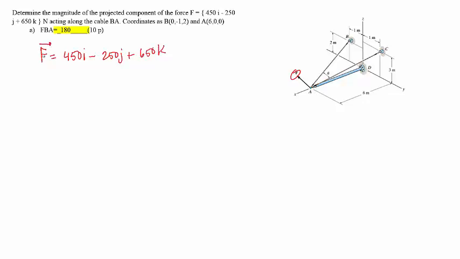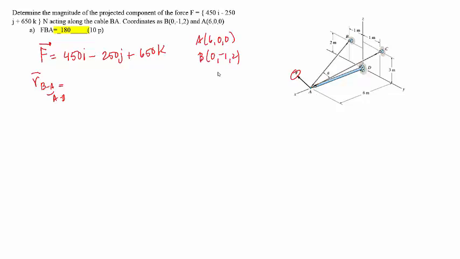So this is the component, and I'm asking about the force along cable BA, so I'm referring to that position RBA, which would be A minus B. Okay, so here we have, let me write down here the components: 0, 0, and for B 0, minus 1, and 2.